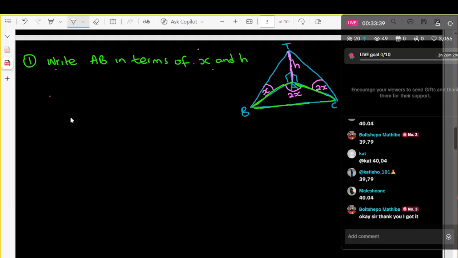Let me highlight this. This is my triangle ABT. So the triangle ABT is like this.